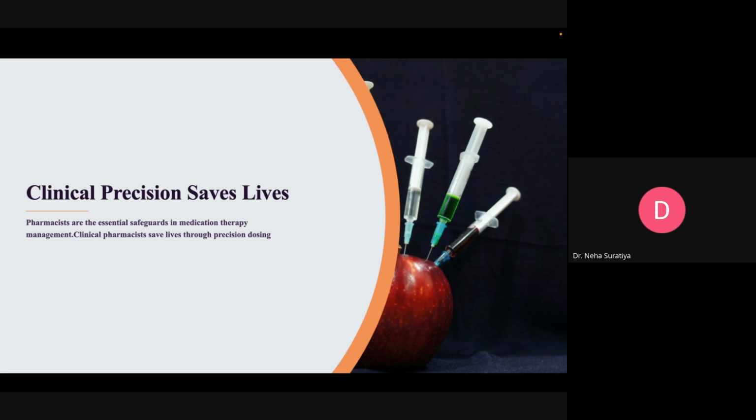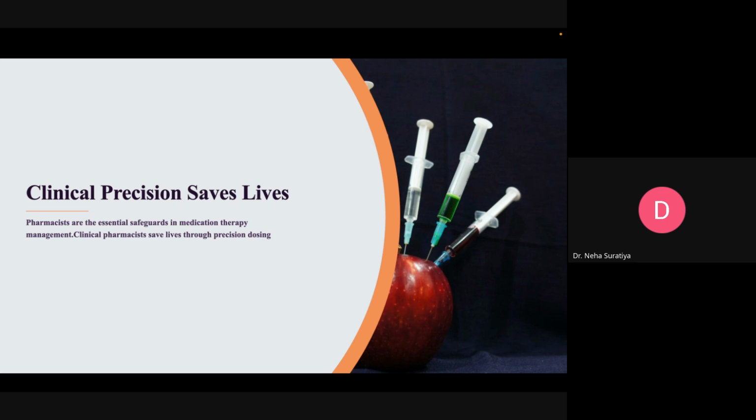Anyone can calculate a dose, anyone can remember the formula, and anyone can put the values in it. We all have a calculator in our hand. In minutes we can do the calculation, but only a skillful clinical pharmacist knows when exactly it is being applied, how exactly it is being applied, and whether to give it or not, in which situation what to do. Right.